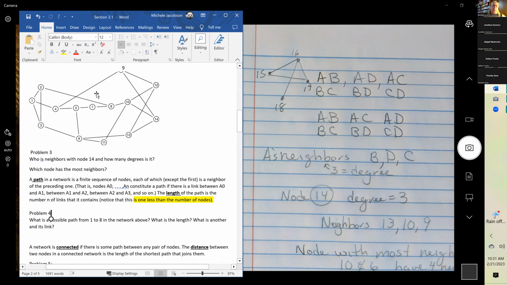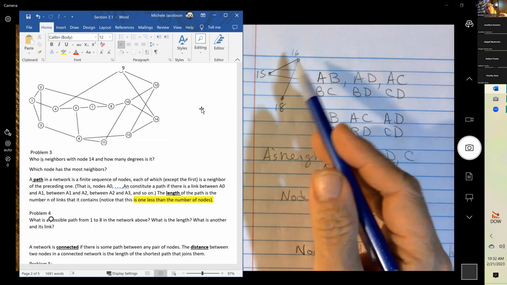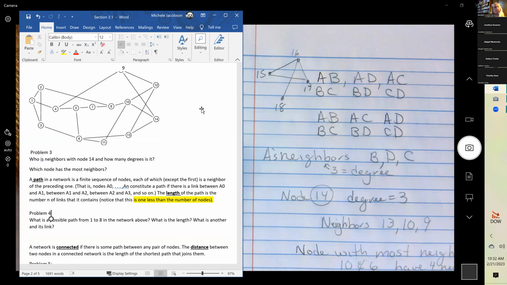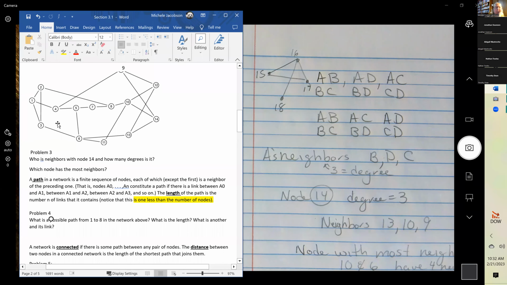But this alone is connected, because I can go from any node to another one through a series of paths. Any questions on that? As long as they're all touching so that you could go from one to another some way. But as soon as you have one that's broken from the rest, then it's not connected. Maybe this is one community and this is another, but they're not connected.